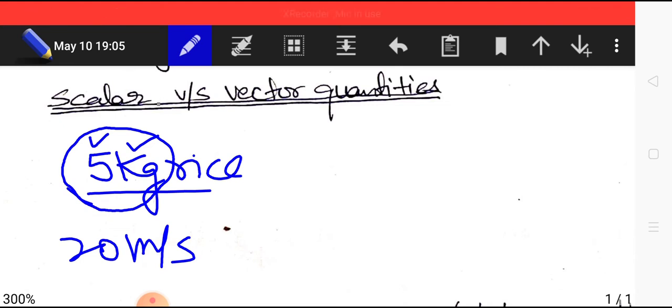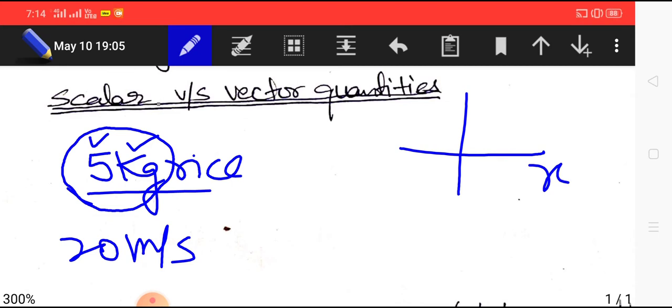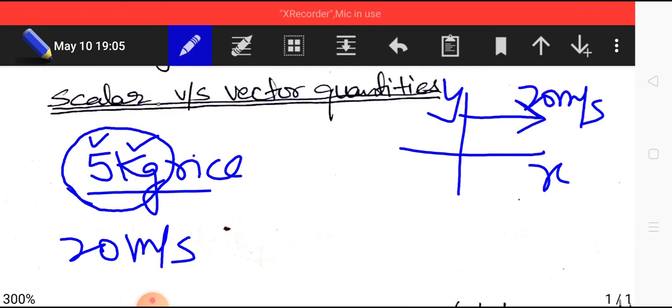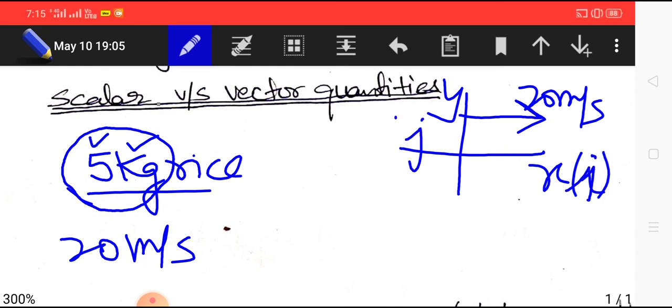On the other hand, if we are talking about vectors, then the vector has magnitude as well as direction. For example, if you observe this graph of x and y, and a car is moving like this with velocity 20 meter per second, then you know that the car is moving in the plus x direction, and plus x direction we represent by i and y direction we represent by j.